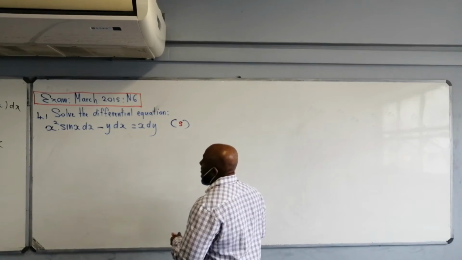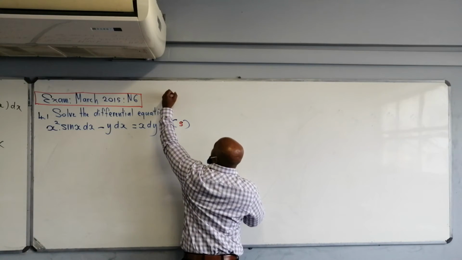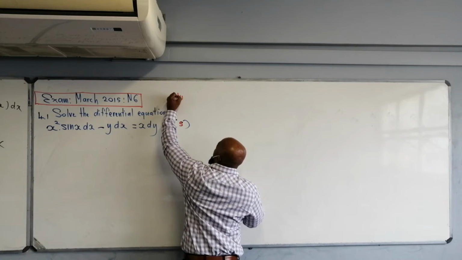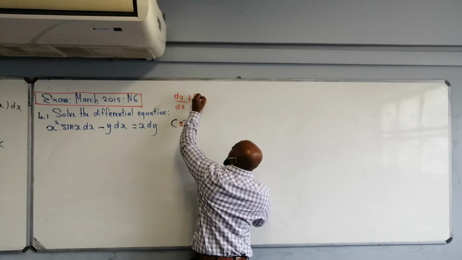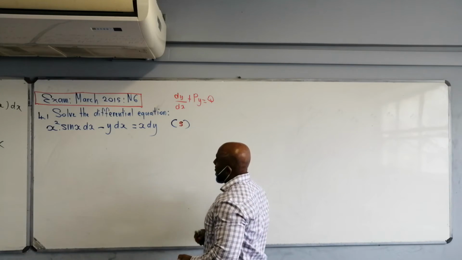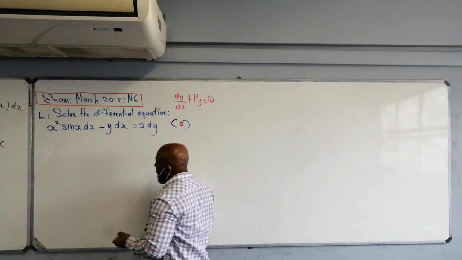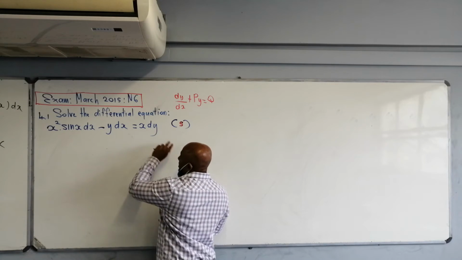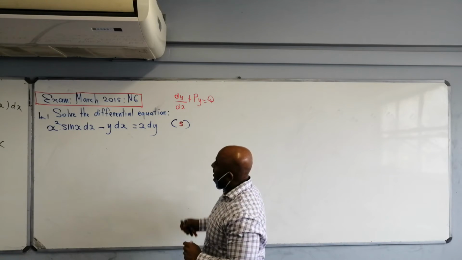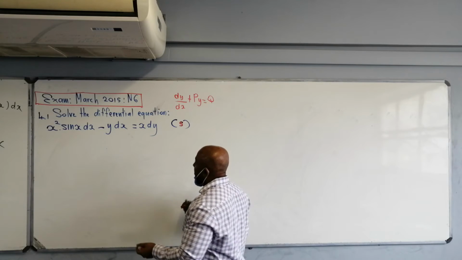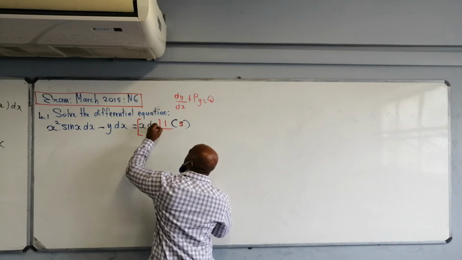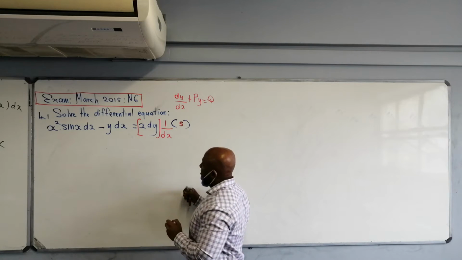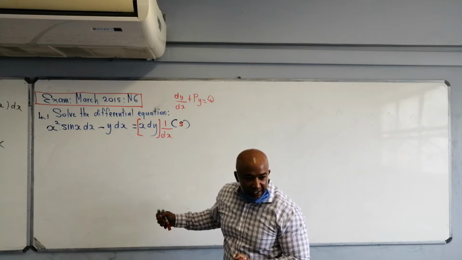So remember, always keep in mind your standard form, which is dy over dx plus p times y is equal to q. There's dy here. If I want dy over dx, what will I do? I can multiply by 1 over dx, so I'll have my dy over dx now. Can you see that?